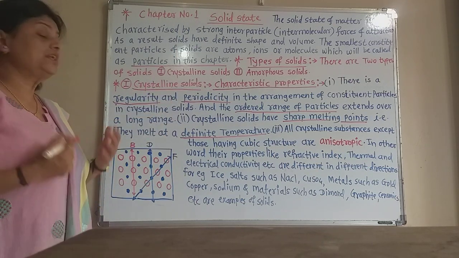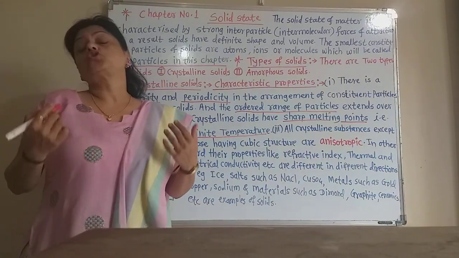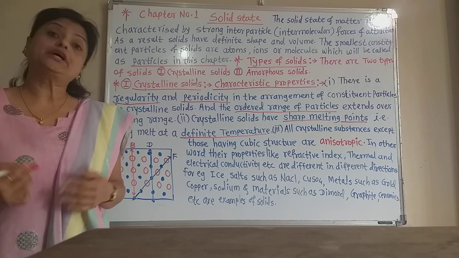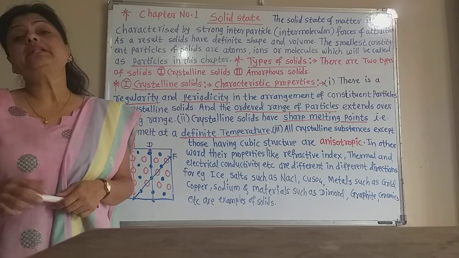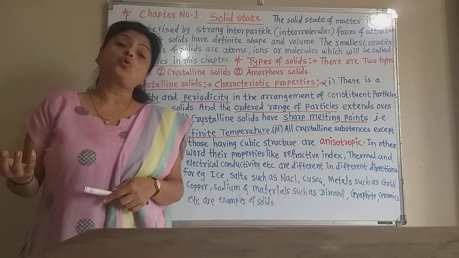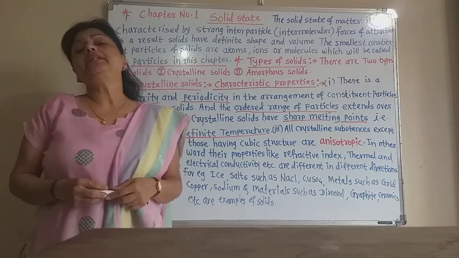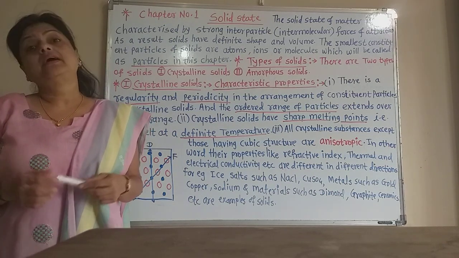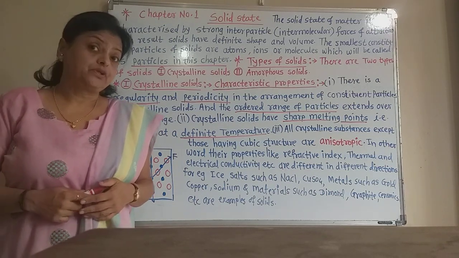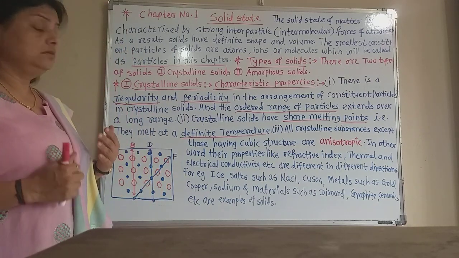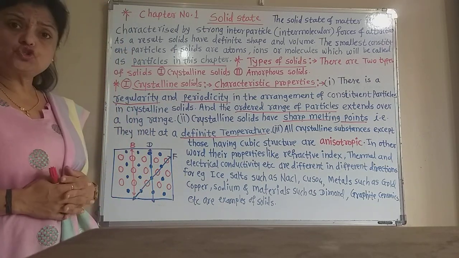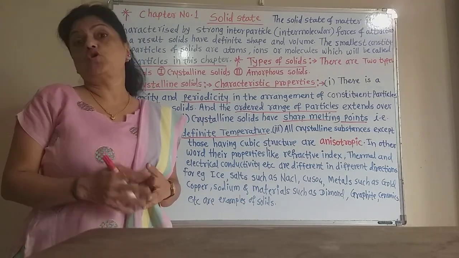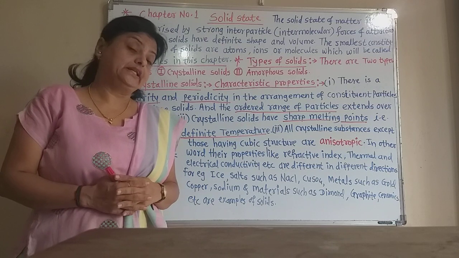Crystalline solids are solids such as salts, copper sulfate, sodium chloride, or they may be metals like gold, silver, copper, or materials like plastic, graphite, diamond, etc. But glass is not a crystalline solid, it is an amorphous solid, a super cooled liquid.